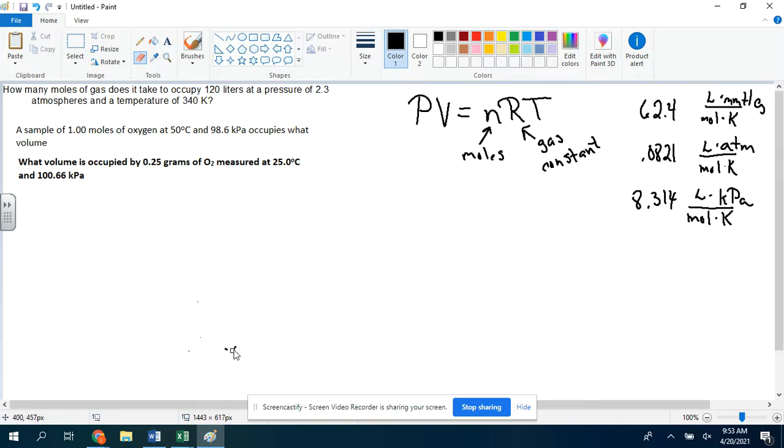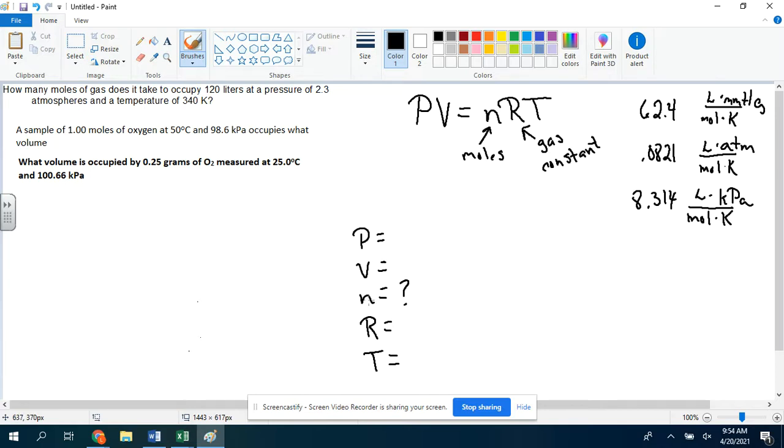All right, so let's work a sample problem. First one, how many moles? For every one of these, you're still going to need to list out your givens. So we're going to have a pressure, a volume, an N, an R, and a T for each one. So this is number one up here. It says how many moles, so that means I'm looking for moles. Remember, N is moles now.